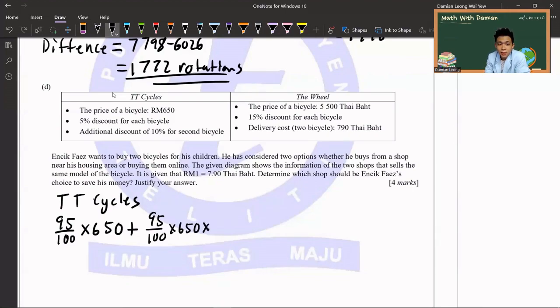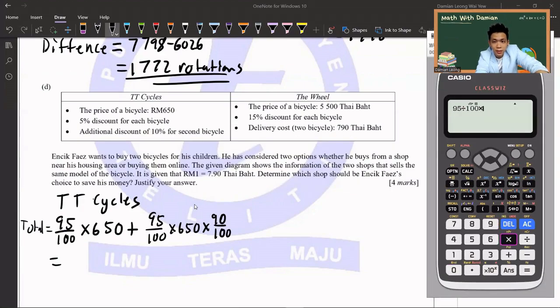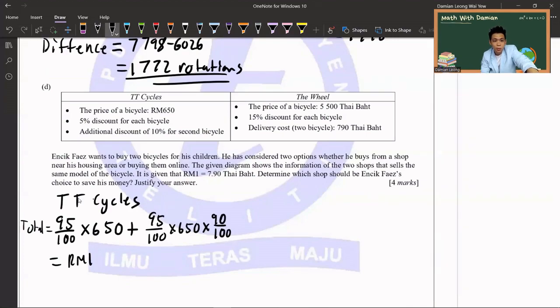So times another 90% on the price. So 95% of 650 plus 95% of 650 times another 90%, add another 10% discount. So it's 1,173 ringgit 25 cents.